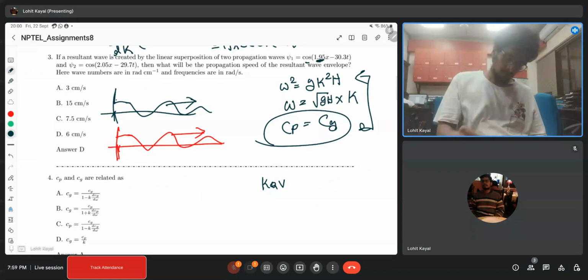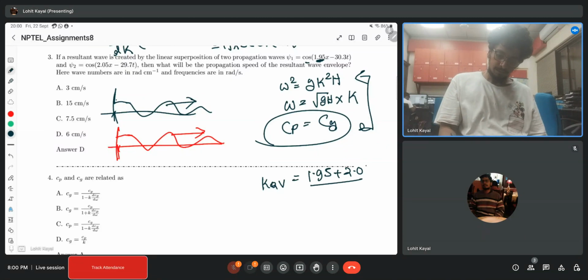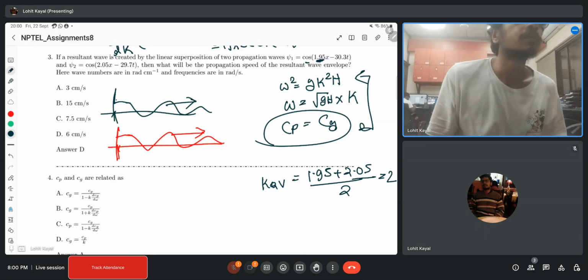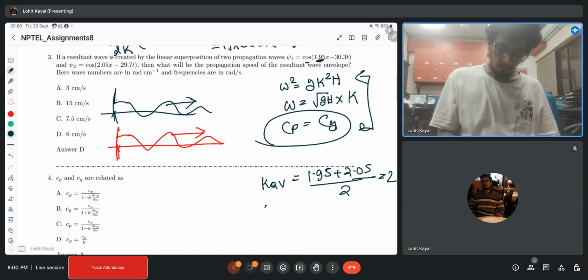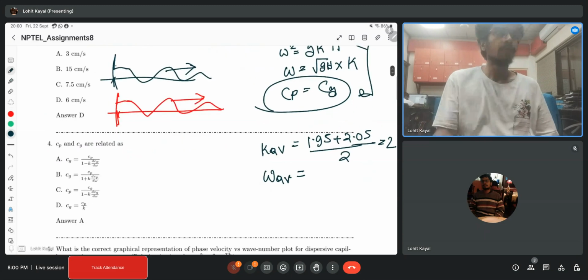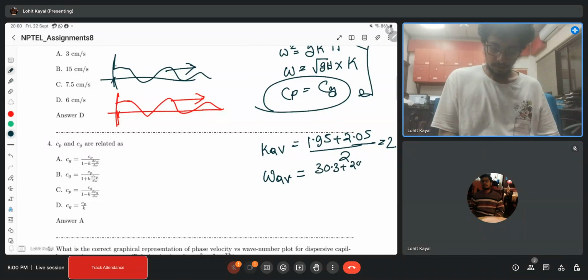So k average will be 1.95 plus 2.05 divided by 2, and this will be equal to 2. And omega average will be equal to 30.3 plus 29.7 by 2, which is equal to 30.